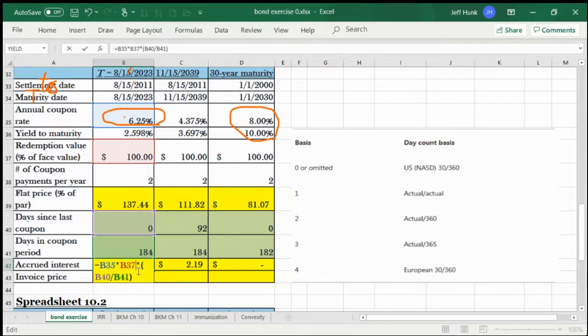A nice way of doing this is, I'll simply divide it by 2, right? This is annual coupon, and this is the fraction of the time the interest has accrued, and you divide it by 2, then that will give you a half year accrued interest.